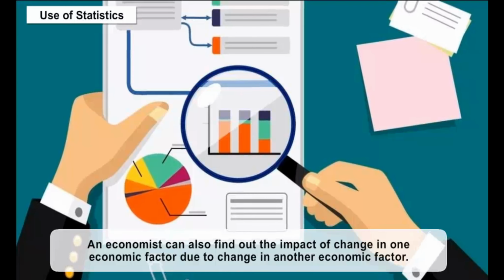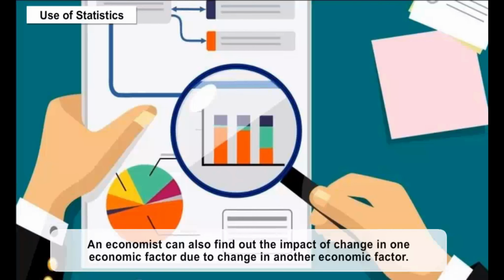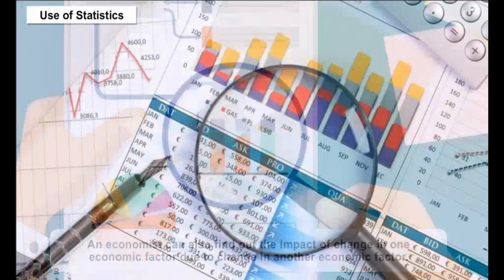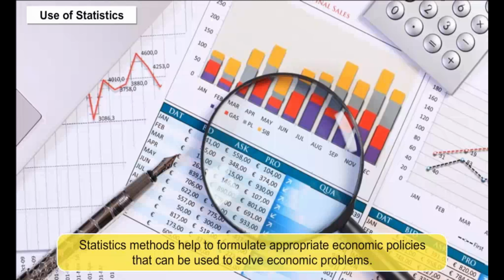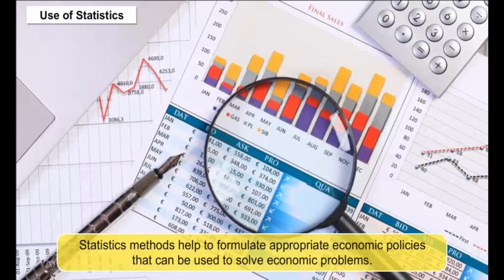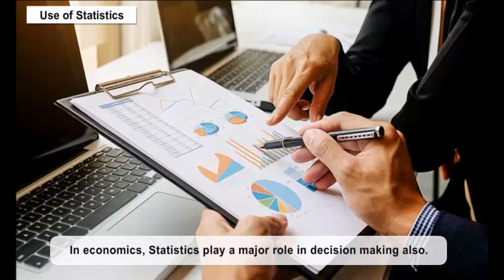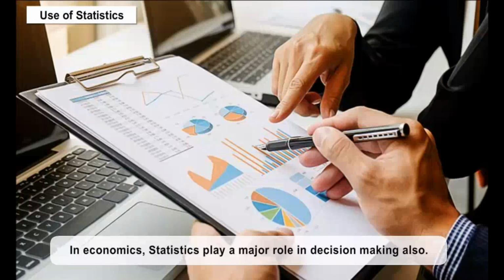An economist can also find out the impact of change in one economic factor due to change in another economic factor. Statistics methods help to formulate appropriate economic policies that can be used to solve economic problems. In economics, statistics play a major role in decision making also.